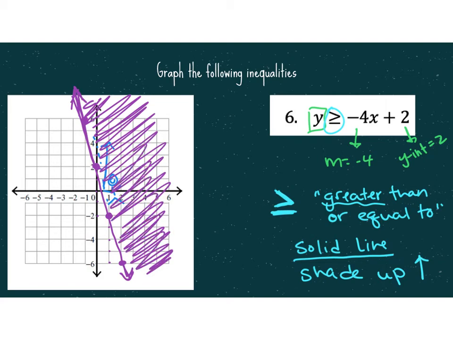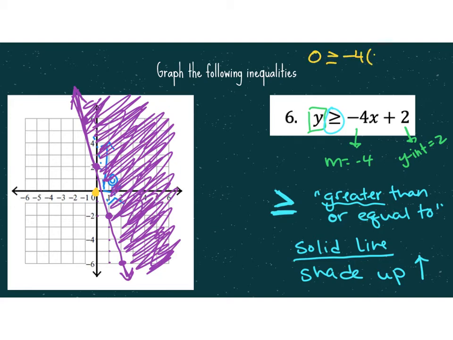If you have a hard time figuring out which direction to shade, the other thing that you can do is plug a point in. Pick a test point. Let's say I want to test 0, 0. If I plug in 0, 0 into this equation, I'd have 0 is greater than or equal to negative 4 times 0 plus 2. That's plugging in 0 for x and 0 for y.